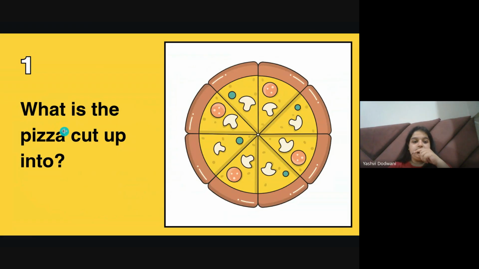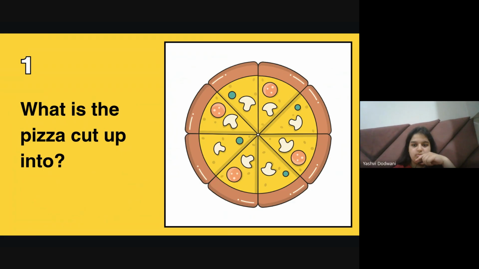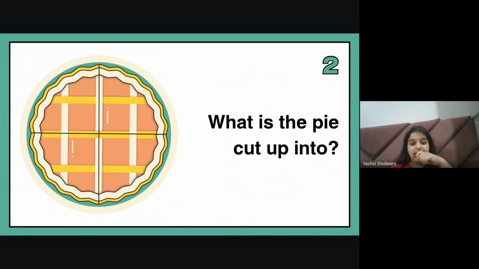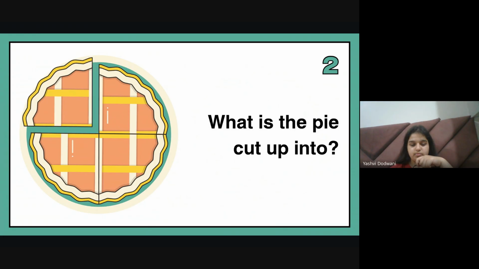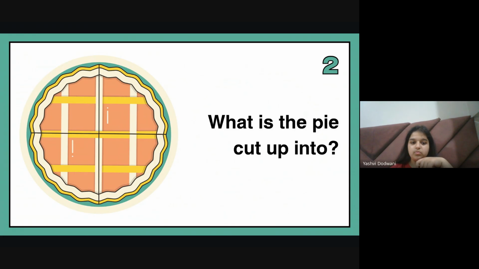What is the pizza cut up into? Like how many slices? Eight. All right. What is the pie cut up into? It's four.